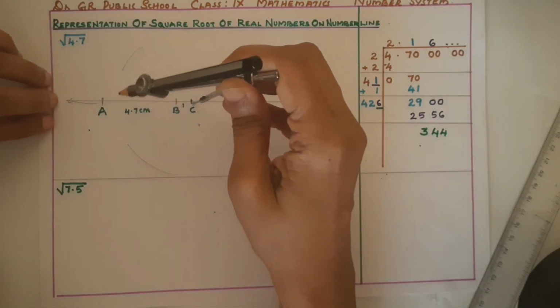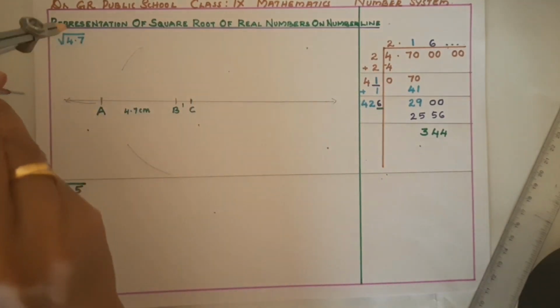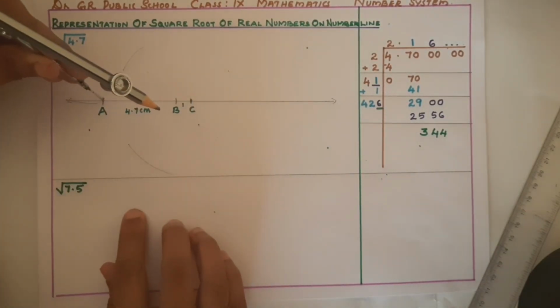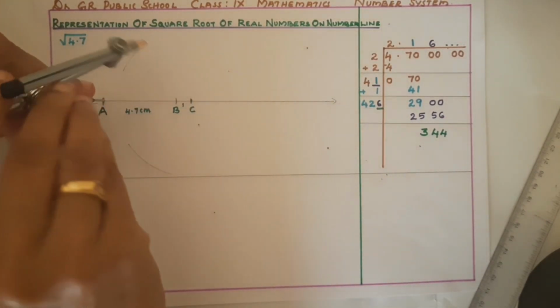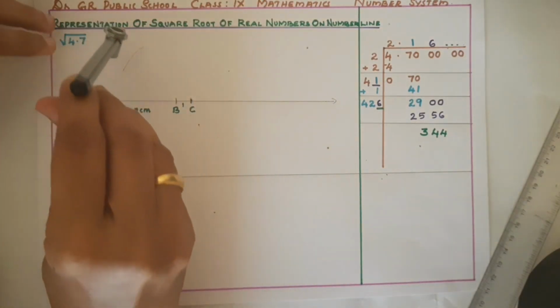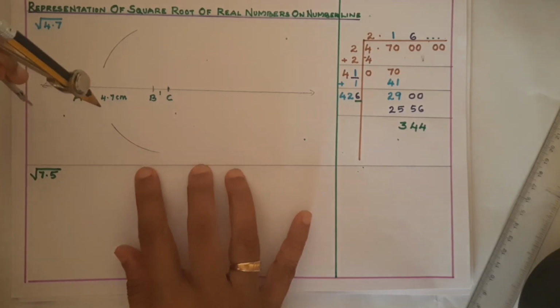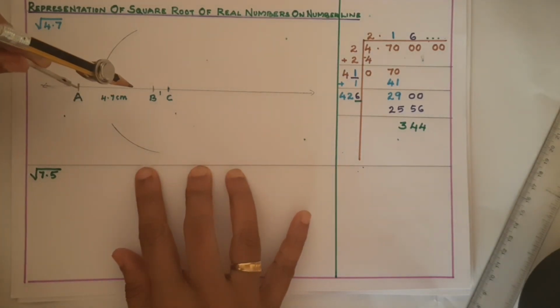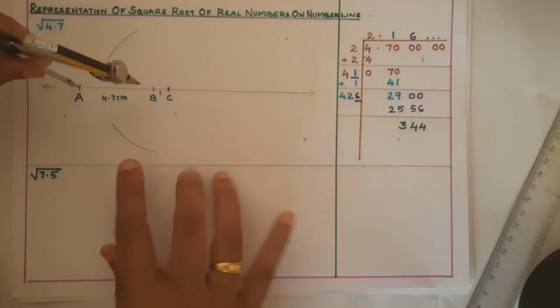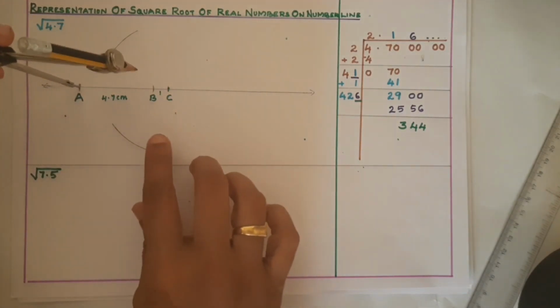Okay. Now from A, with the same radius, you should not change the compass length.